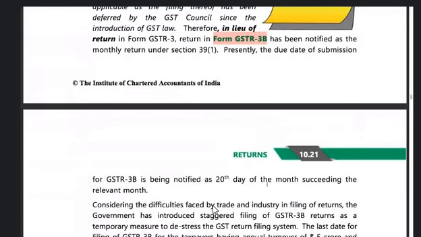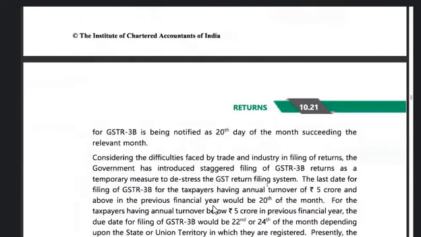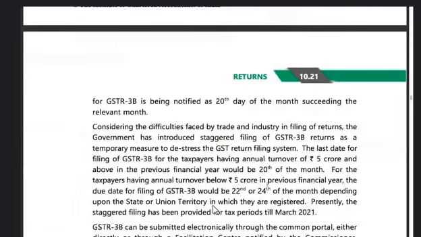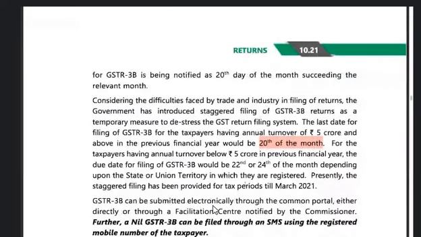Again, the due date is split into 3 parts. If a person has an aggregate turnover of more than 5 crores, then the due date is 20th of the next month. If the turnover is up to 5 crores, then there will be 2 due dates, one is 22nd and another is 24th.